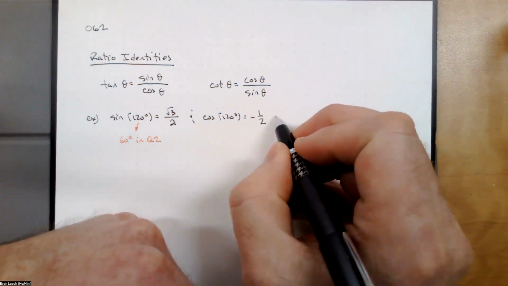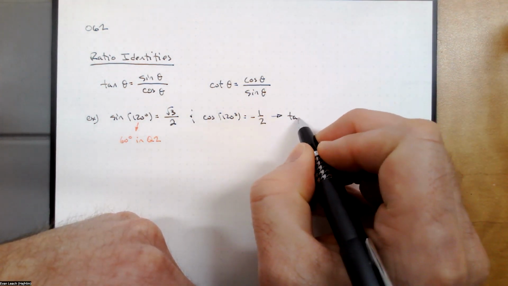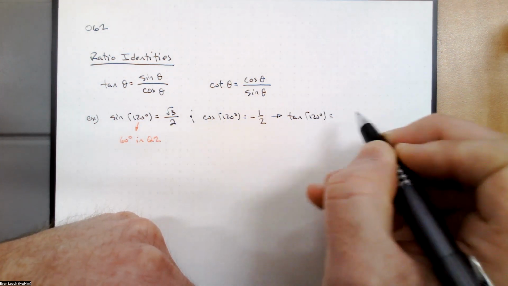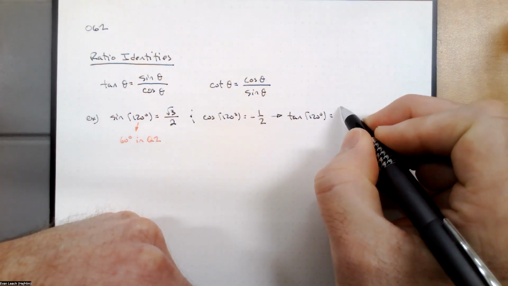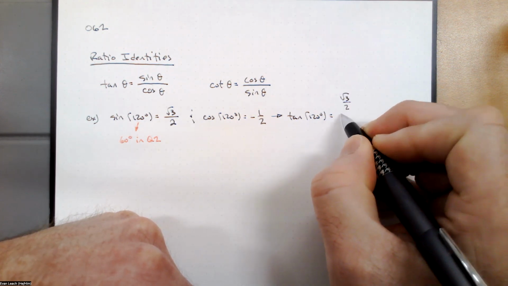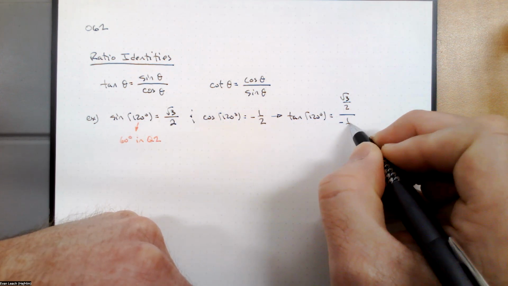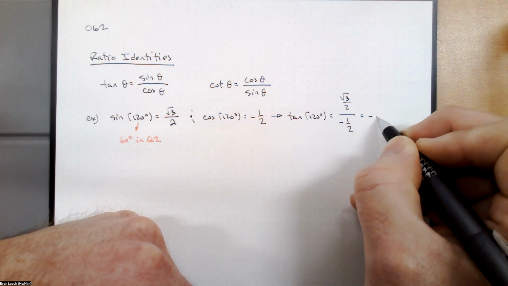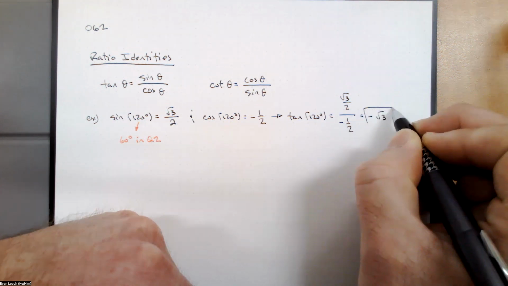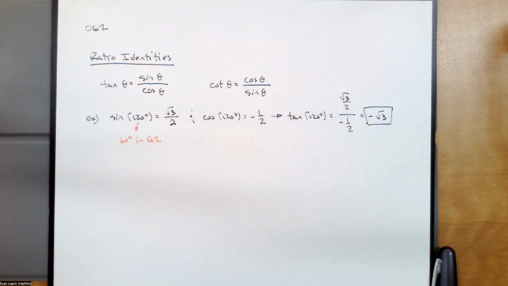So this will tell us that tangent of 120 is sine of 120, √3/2, over cosine of 120, -1/2. √3/2 divided by -1/2, we can cancel out the over 2. √3 over -1, -√3.